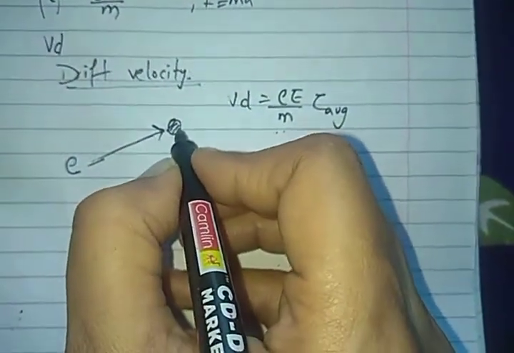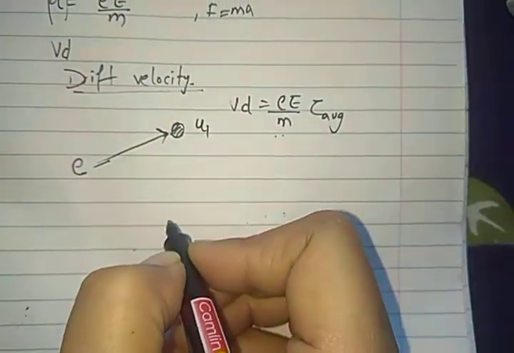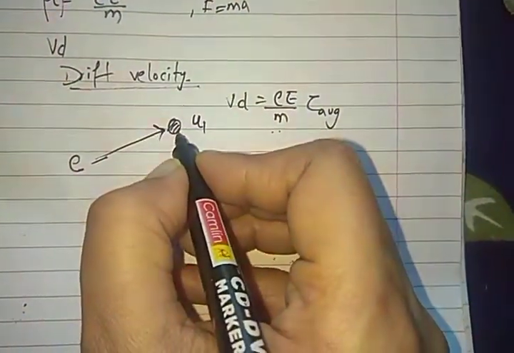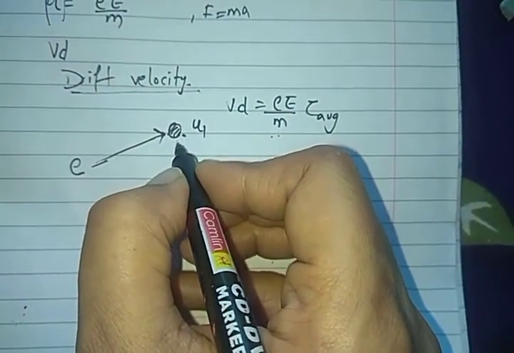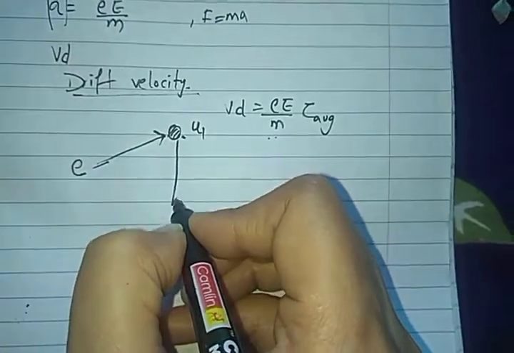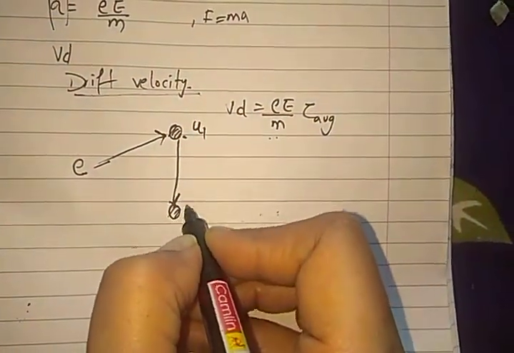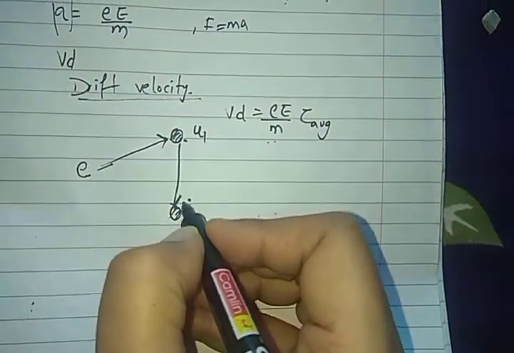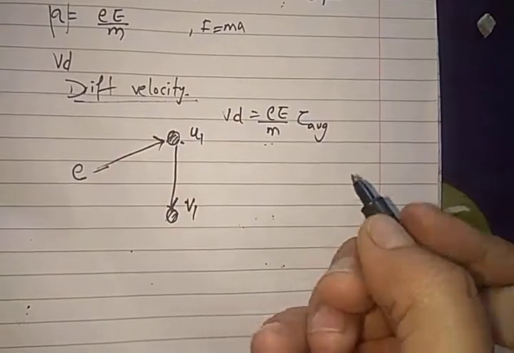When it struck with the kernel, again it reached its initial velocity. From here the electron again regained its velocity and again struck with another kernel. This velocity in which it was moving is known as finite velocity, which can also be known as drift velocity.